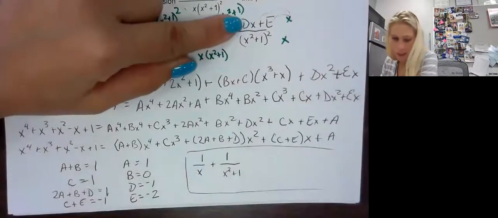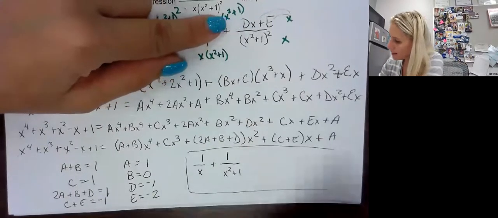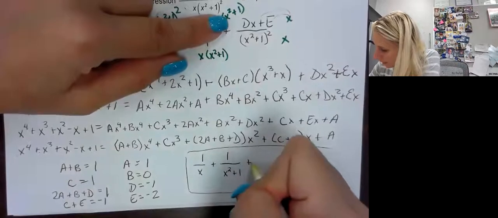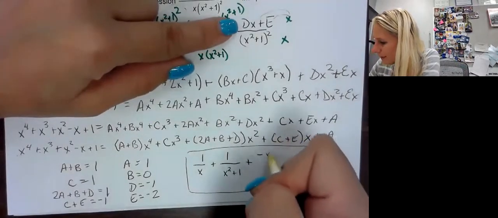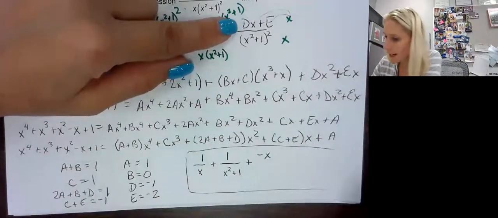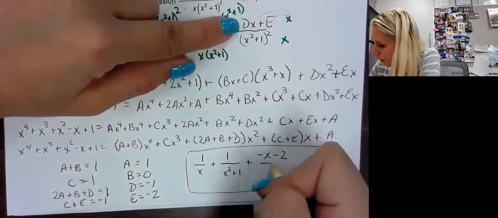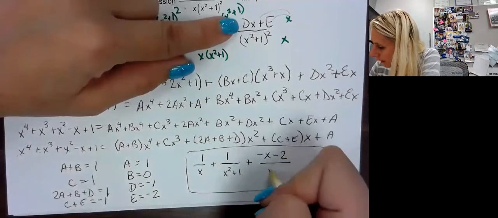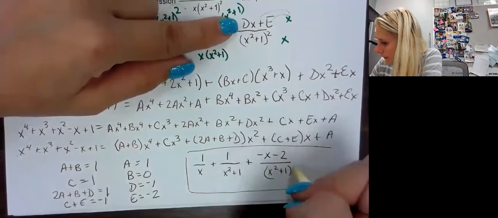Then this one here, but I'm going to be careful with my negatives, right? So I'm going to say plus, and instead I'm going to say -1x. Now you don't need to say -1. You could say -x, and then e is -2 all over x squared plus 1 squared.